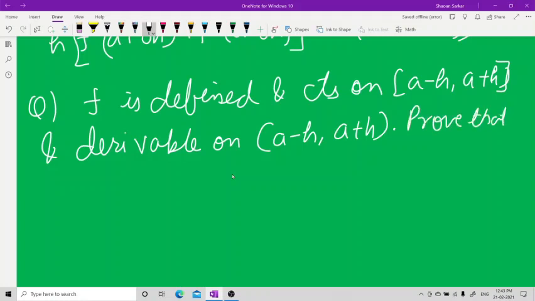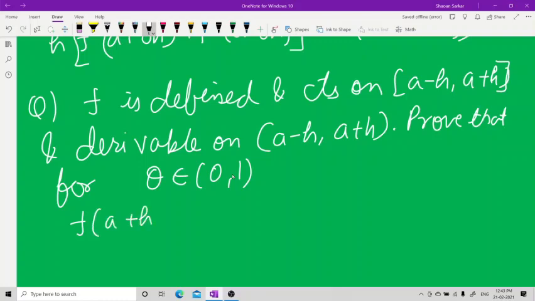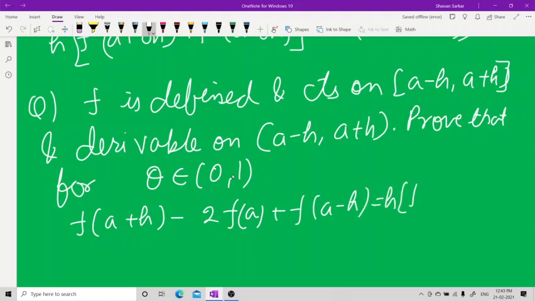Prove that for theta between 0 and 1, f(a+h) minus 2f(a) plus f(a-h) is equal to h times [f dash(a + theta h) minus f dash(a - theta h)]. This thing needs to be proved.